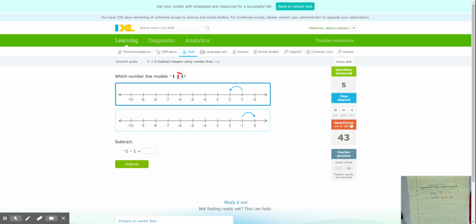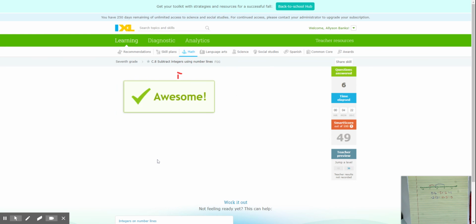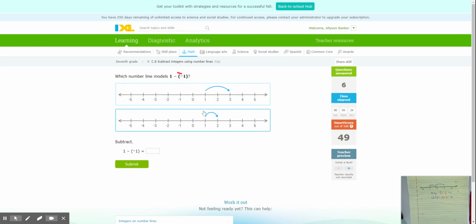Just like 1 plus 1 equals 2, -1 plus -1 equals -2. If you do the change rule and you add the opposite, it really helps you see that.